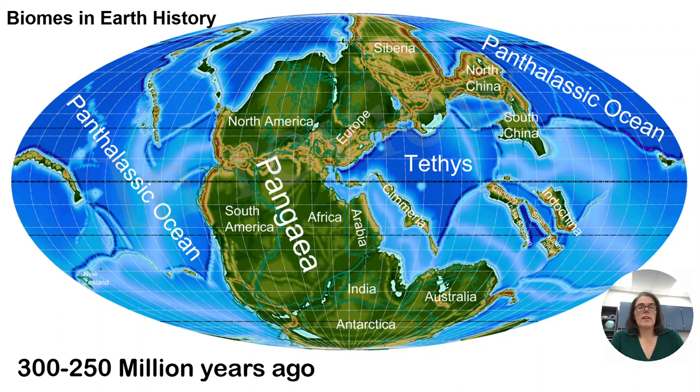We think it always looks like it does now just because that's when we're alive, but it's constantly changing on geologic time scales, obviously not on human time scales. So you can see here we have South America, Africa, North America, Europe, Siberia, China, India, Antarctica, and Australia. At one time those all came together into one giant continent.